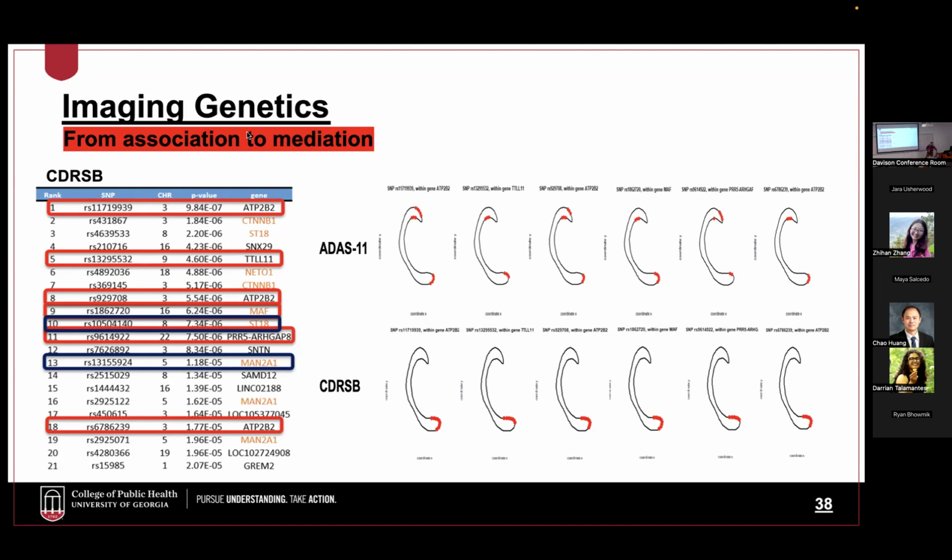But something is interesting. For the CDR-SB, usually a pair of these CC areas was found to be significant in these pathways. But for the ADAS11, both the head and tail of the CC areas play very important roles in these pathways.